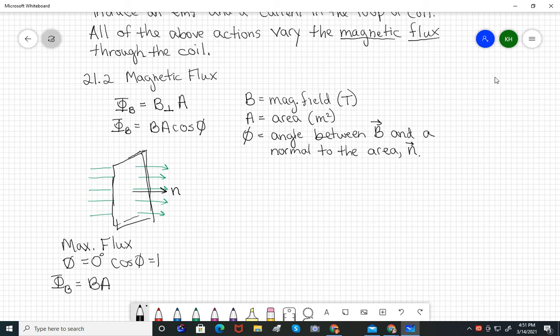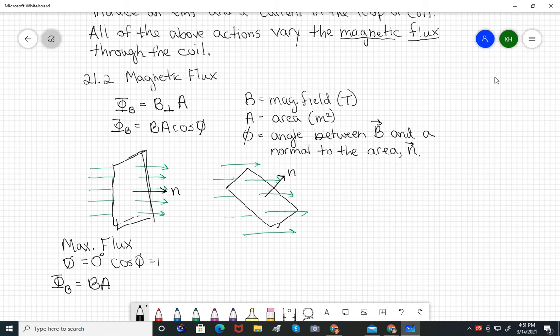Now, if I tilt that a little bit, we can see that fewer lines of force will actually pass through. Some of the lines might miss completely because of the orientation. We just won't catch as many lines when we lay it down. In this case, we need to use our formula. Our normal would point this way.